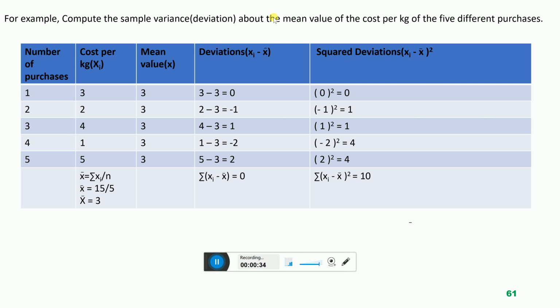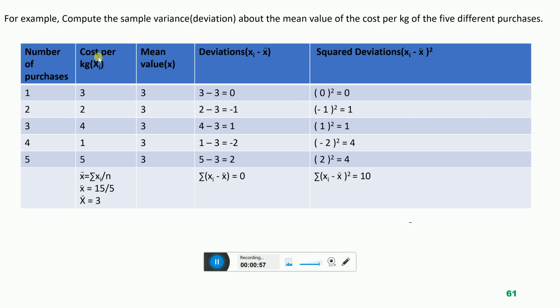Means we have to compute the variation about the mean value of the cost per kg of the 5 different purchases. So the data table gives the number of purchases: 5, first, second, third, fourth and fifth. Means the company is purchasing 5 different raw materials.